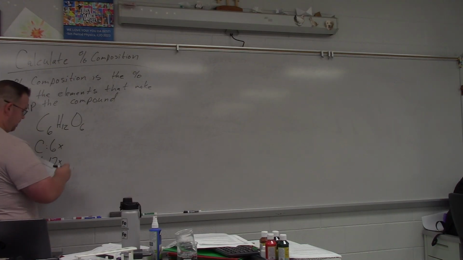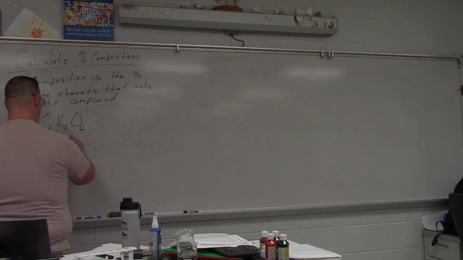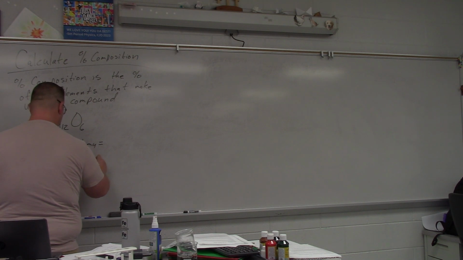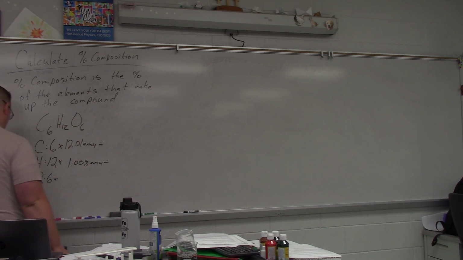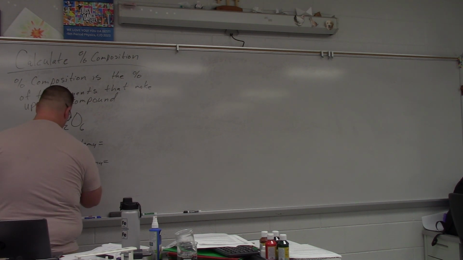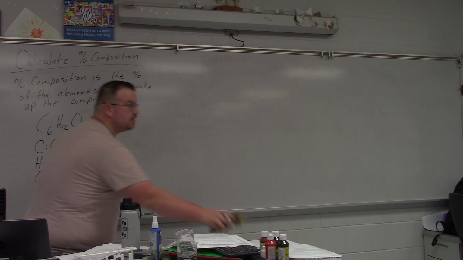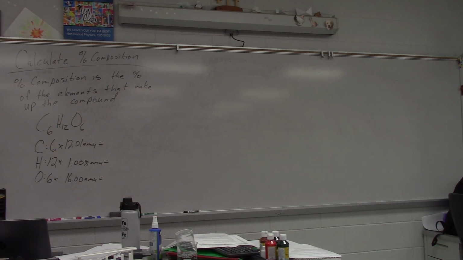Carbon's average atomic mass is 12.01 AMU. Hydrogen is 1.008 AMU. And oxygen is 16.00 AMU. You're going to throw these all out because you're actually going to need these individual numbers.